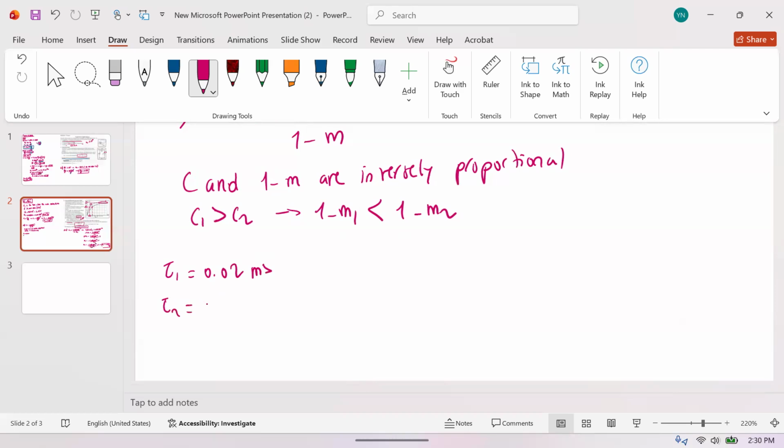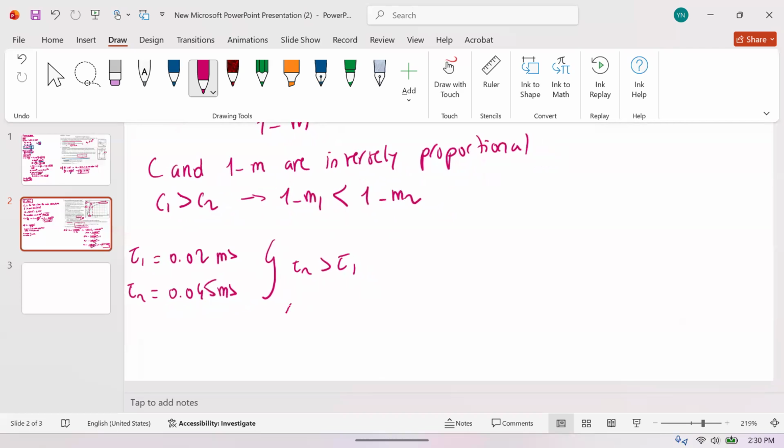However, tau 2 is 0.045 milliseconds. So since tau 2 is greater than tau 1, that tells me something about the capacitance, because tau is equal to RC. So if tau is getting bigger, then C is getting bigger, or R, but we're keeping R the same here. So what's really affected here is C, because we care about C now. C is changing. Okay, since tau 2 is greater than tau 1, then C2 is greater than C1.